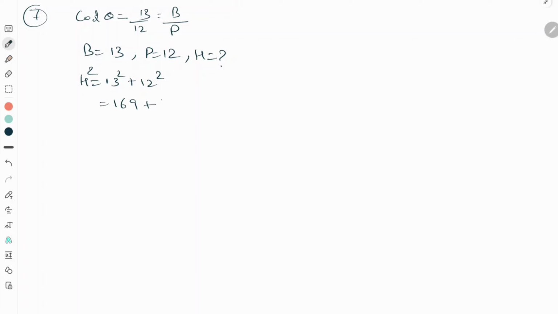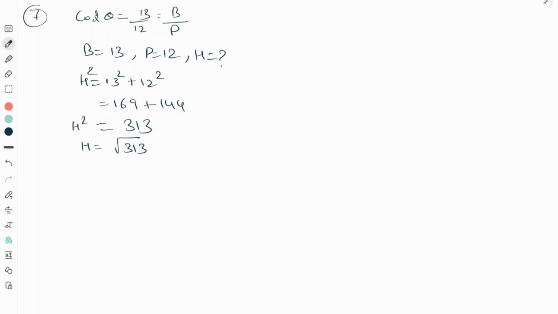So 169 plus 144. So H will become root 313.